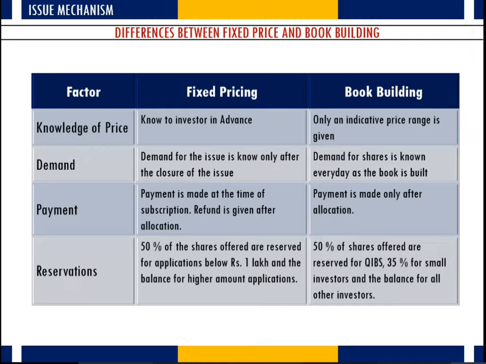Now, another interesting point to note is that in case of the fixed pricing method, demand for the issue is only revealed after the closure of the issue, which means if the issue is open for 3 business days, then at the end of 3 business days the merchant bankers will release data on how many shares were issued and how many applications were received.